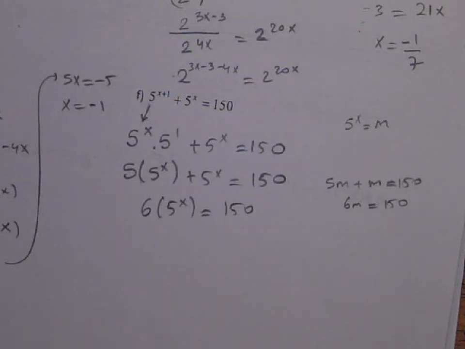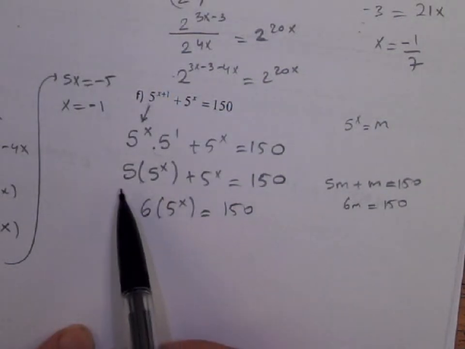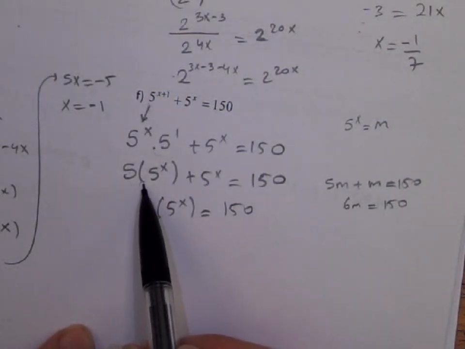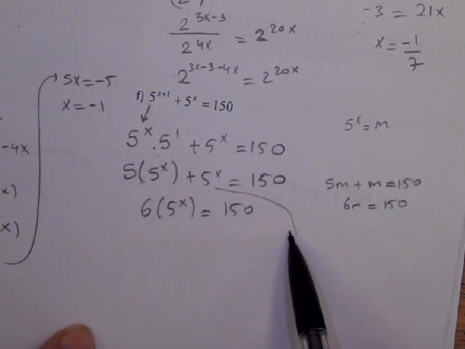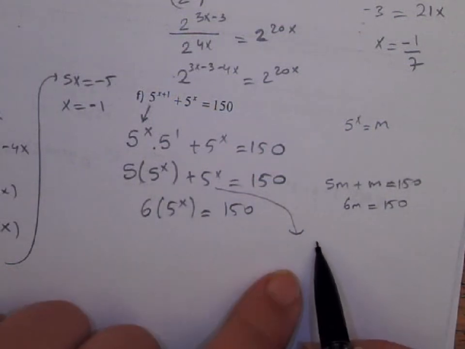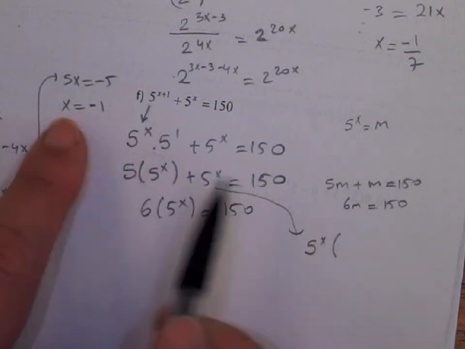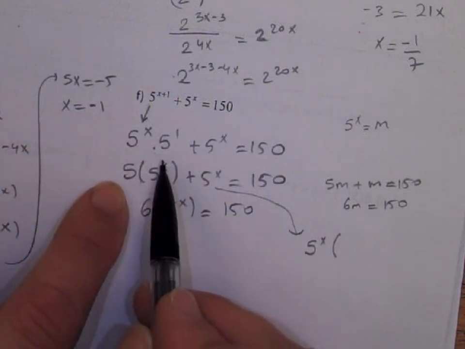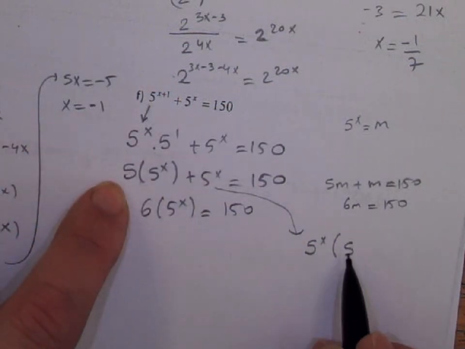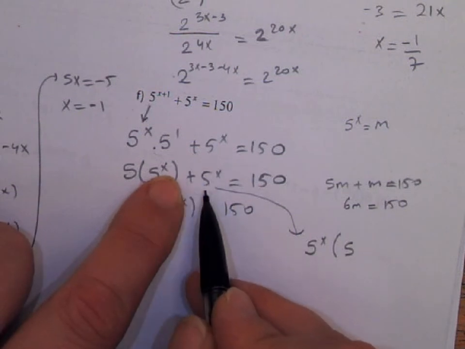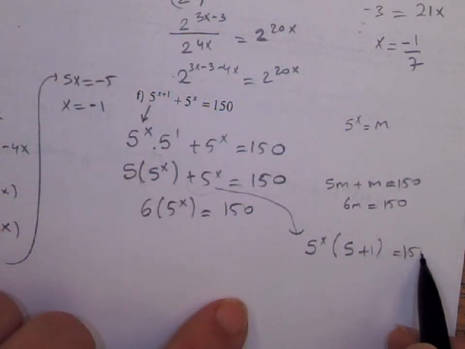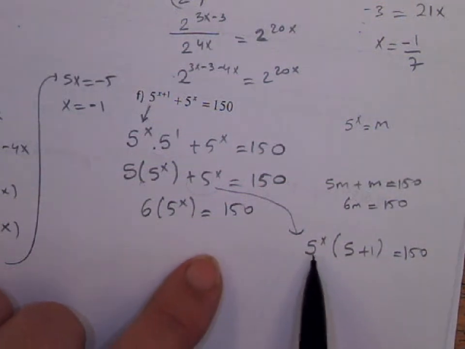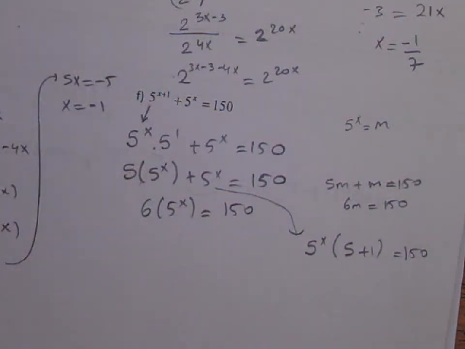One more way of doing it, you may factor out 5 to the power of x, okay? So from this line, if you factor out 5 to the power of x, from the first term, I get 5. From the second term, I get 1. So this also gives me 6 times 5 to the power of x.